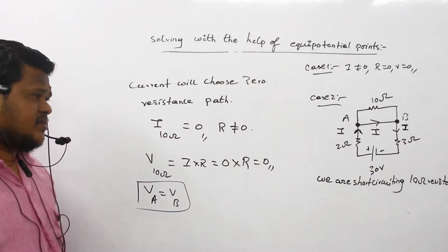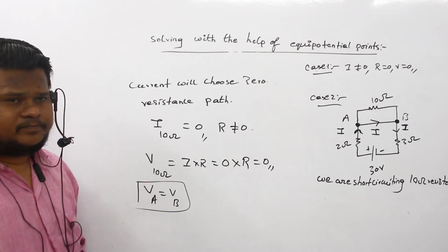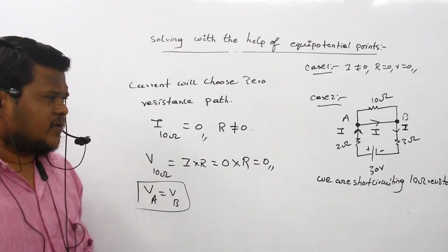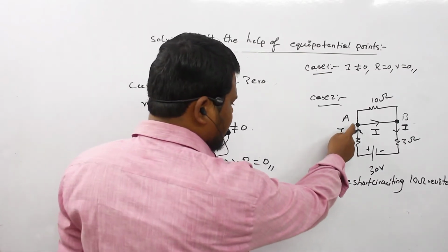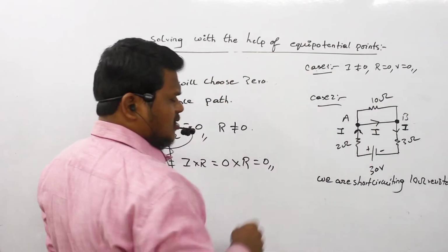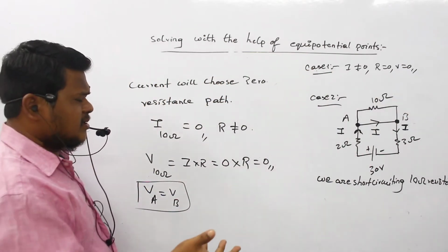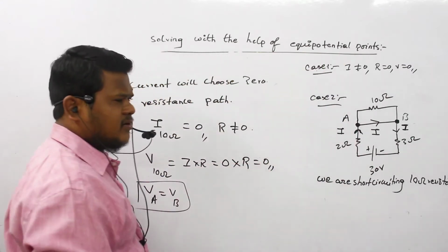Definitely I can say. Why? Because after the total current enters up to here, there is no drop of potential, as current is not at all entering the 10 ohms resistor.